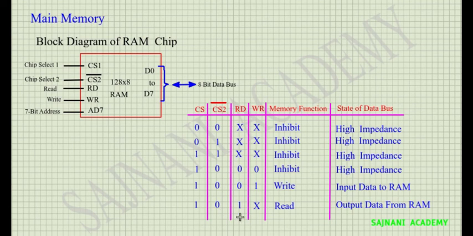And now here, if the read signal is 1, whatever the value of the write signal, that is don't care, the memory will be in the read mode. That means whatever data is read from the memory, depending upon the address mentioned by the AD7 bits, will be outputted onto the data bus from the RAM. So this is the function table of the RAM IC.